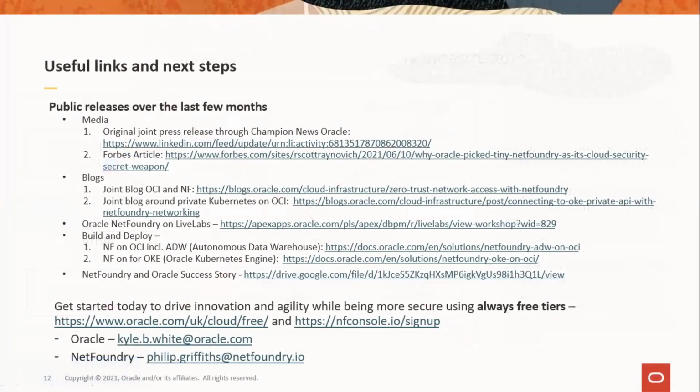And over the last few months, what we've been doing is a lot of work with Oracle. This is one of many different blogs that we have around the autonomous data warehouse, around Kubernetes, around different things that we've done in our partnership. And fundamentally, the other also very awesome thing is, as you were saying, Rob, anyone can go and use Oracle always free.